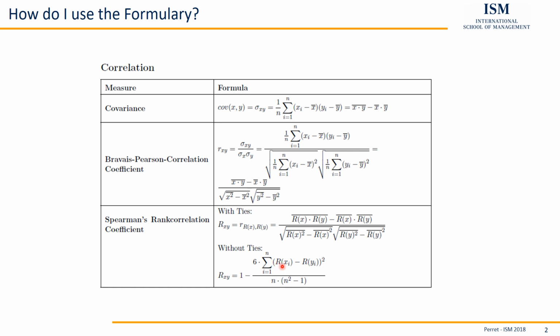This is just the corresponding rank of x, the corresponding rank of yi. So if you have like 10 observations, you have to calculate 10 squared differences, add all 10 up, multiply them with 6. Then you go 10 times 10 squared minus 1, so 10 times 99.